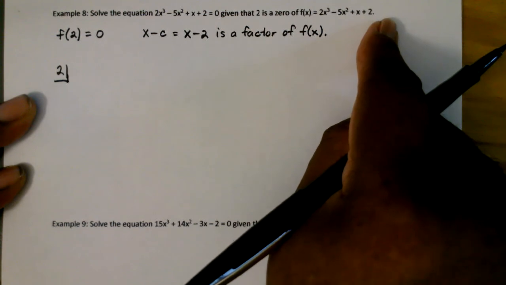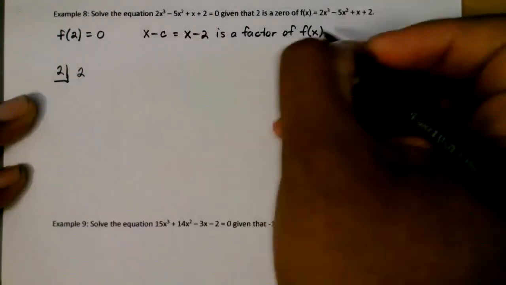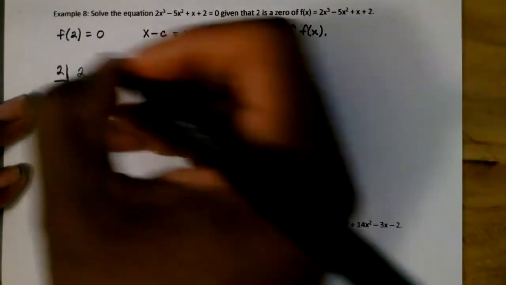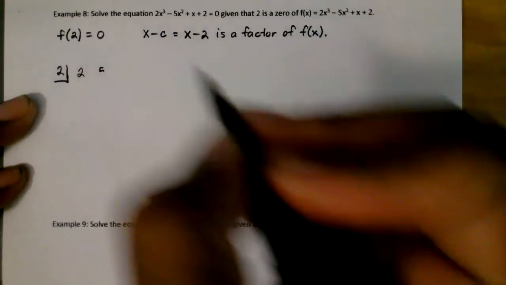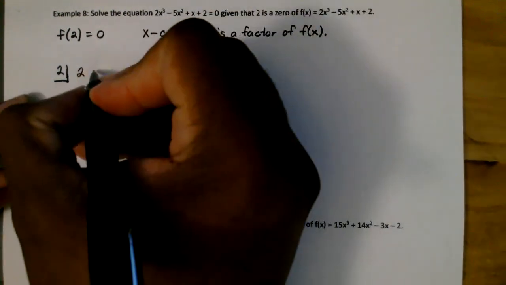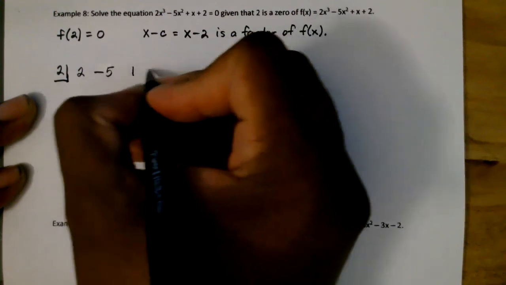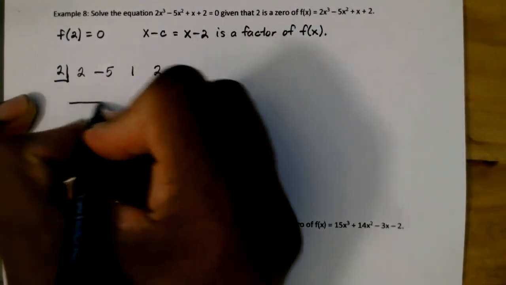So I can write their numerical coefficients. For 2x cubed, that will be 2. For the x squared, the coefficient is -5. For the x is 1. Constant term is 2.